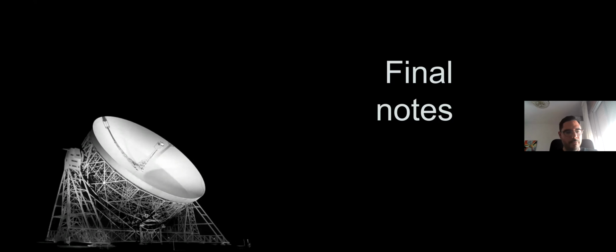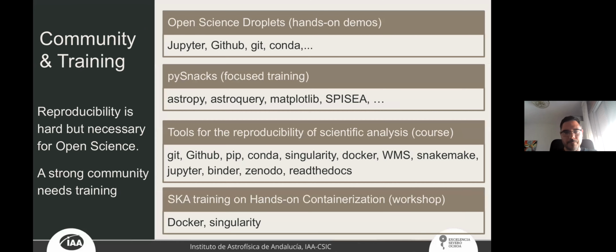Okay, just some final notes to finish. First of all, reproducibility is hard. Doing everything that you would need to make an analysis reproducible is hard, but it's of course necessary for open science. So I think that we need to put a lot of effort into a strong community, because it's hard to manage all these systems and all these dependencies, and people usually don't have time.